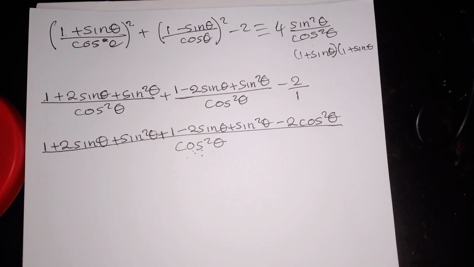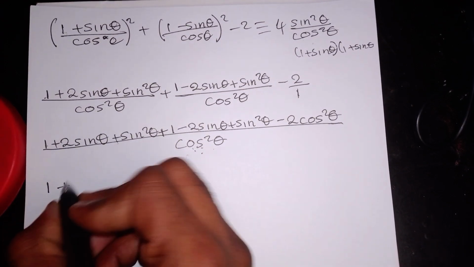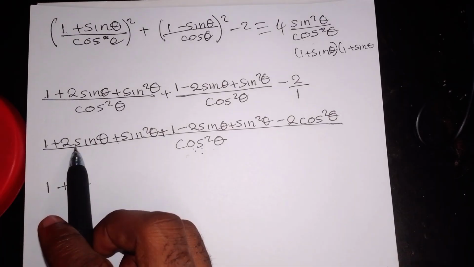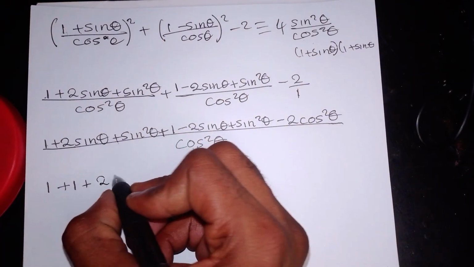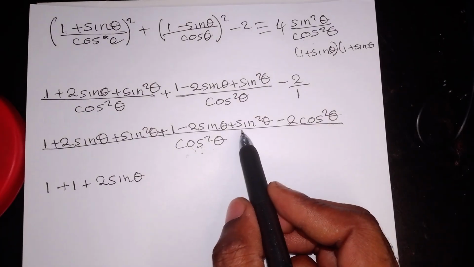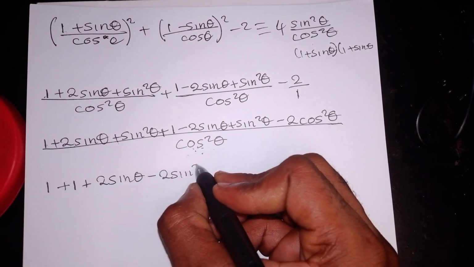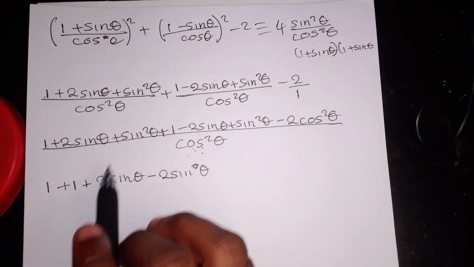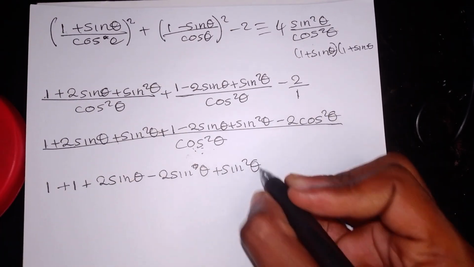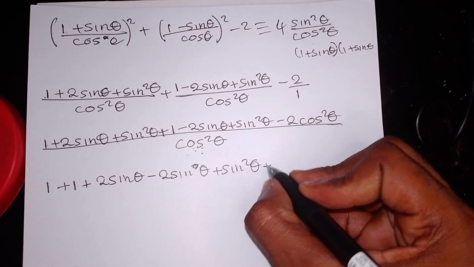And then now we can just put the like terms together by saying 1 plus, we have another 1 there. And then next we can move on to the sine theta. So we have 2 sine theta, we have another 2 sine theta there, so these two are subtracting. And then we have sine squared theta, another sine squared theta there.